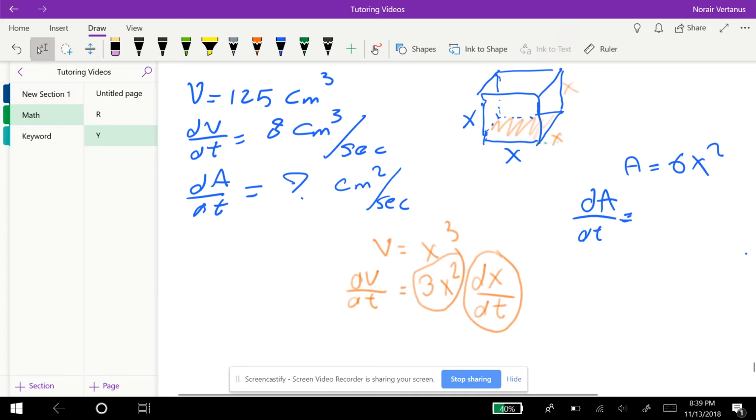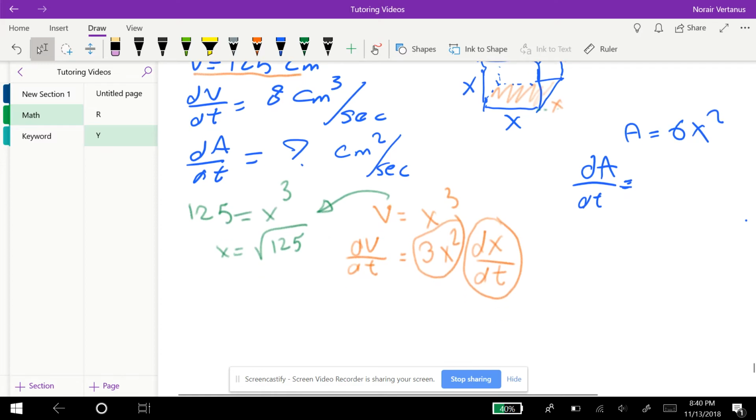But we can find them. dV/dt is given, and also volume is given. So if we come back to the original formula, we can find x at any point. At the point that V is equal to 125, equal to x to the third, what is x? x equals the cube root of 125.